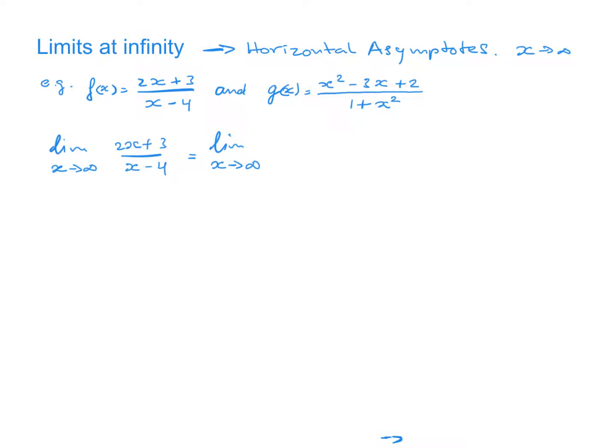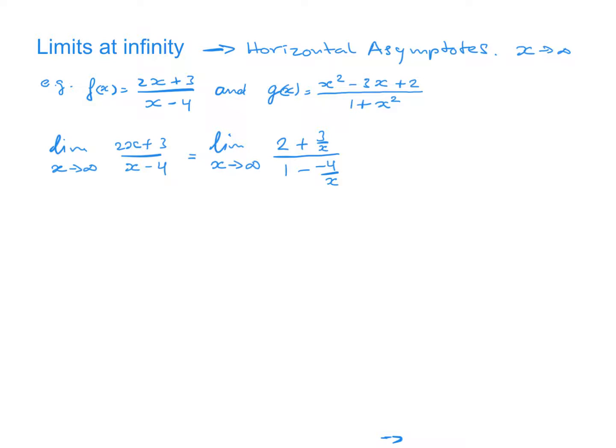So my 2x will become a 2. The 3 is a 3 over x. X over x is 1. And negative 4 is negative 4 over x. I can do that because I divided the top of the fraction by x, and I divided the bottom of the fraction by x. So there's no issue, this is legal.